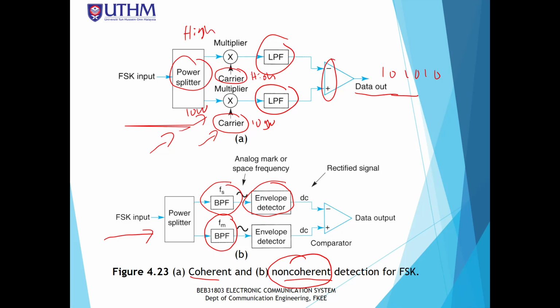Envelope detector will convert the frequency variation into amplitude variation output. Dia akan convert daripada perbezaan frekuensi kepada perbezaan amplitude pada output. Okay, so akhirnya dapat digital 101010.